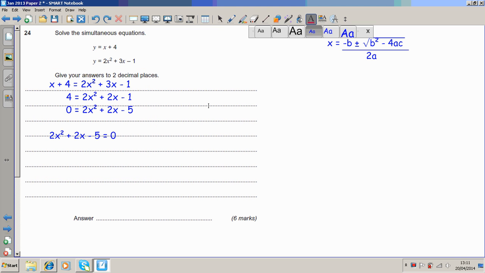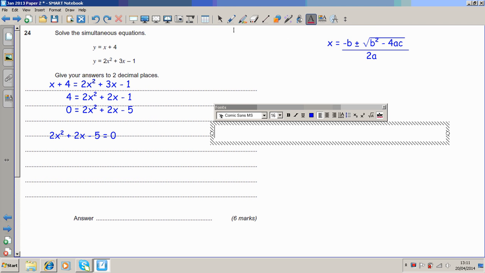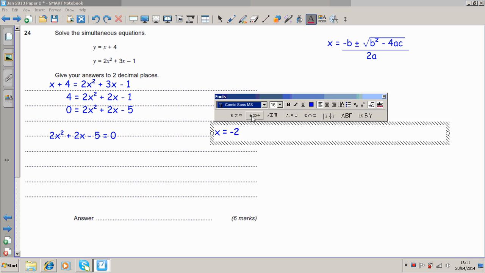So now for my quadratic equation that we've got, x equals minus b, which is 2, so minus 2. Then we've got a plus or minus sign, and then we're square rooting. Let's get it all looking the same.